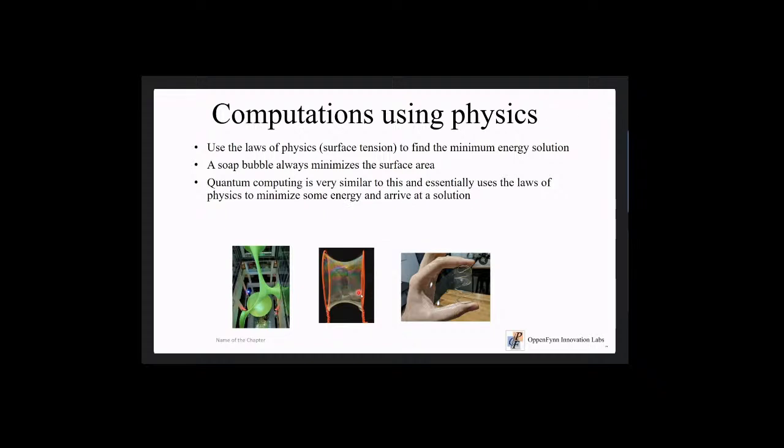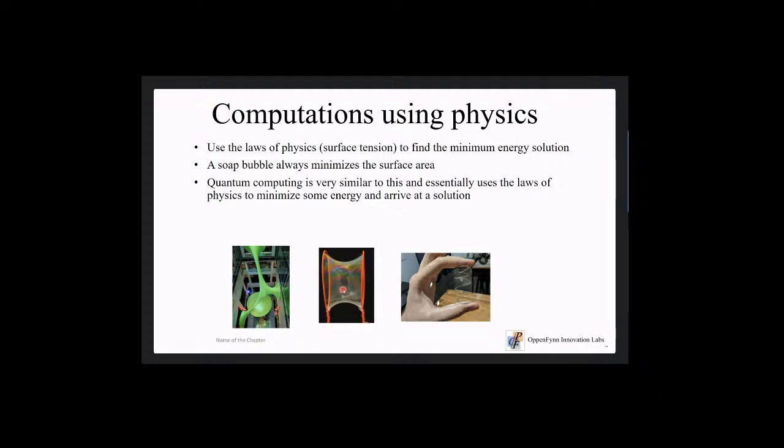For example, you can imagine, just looking at this example, this film of soap cannot calculate a general purpose problem. Even if you give it a simple problem like 2 plus 2, it is not going to be able to solve that problem. But if you give it a complex problem like this that it is well suited for, it is going to do it ridiculously fast. So that's the other point I want to make.